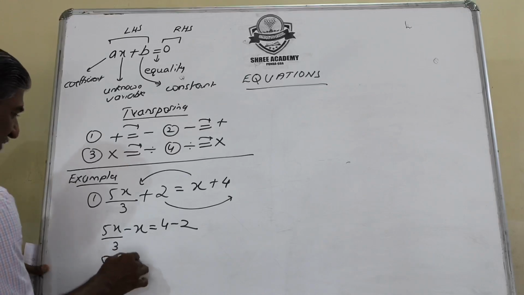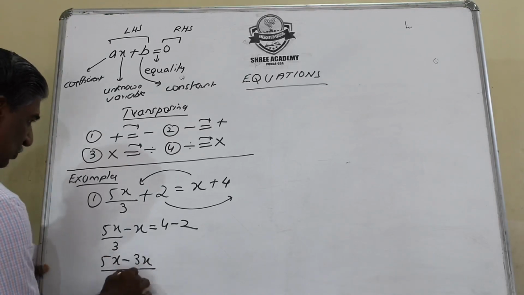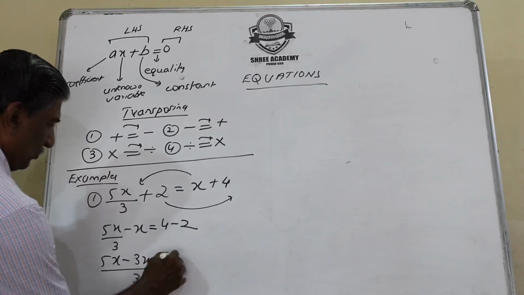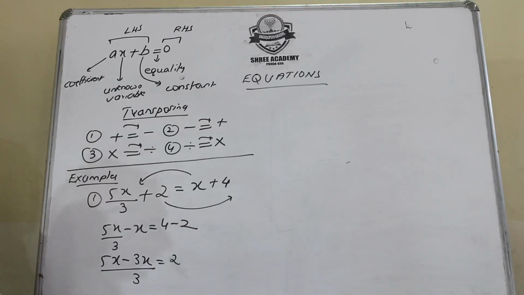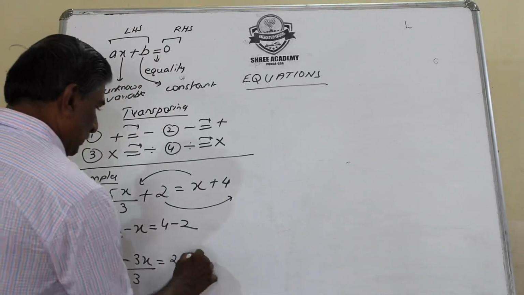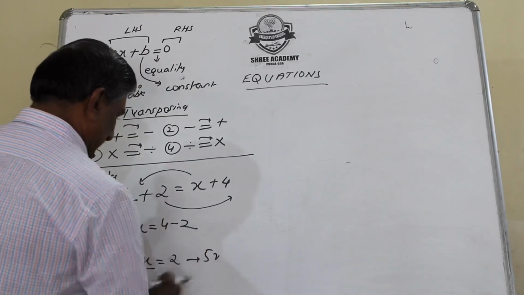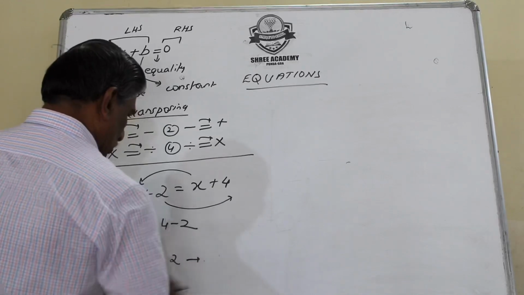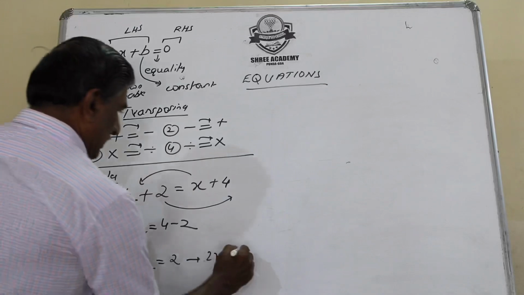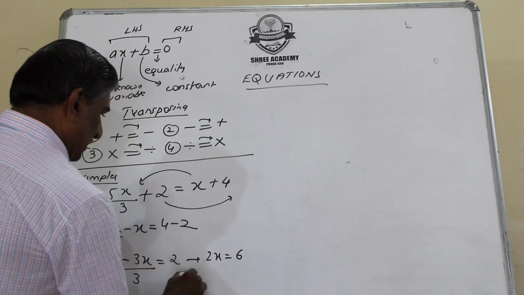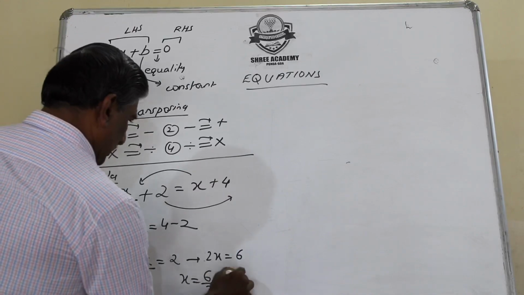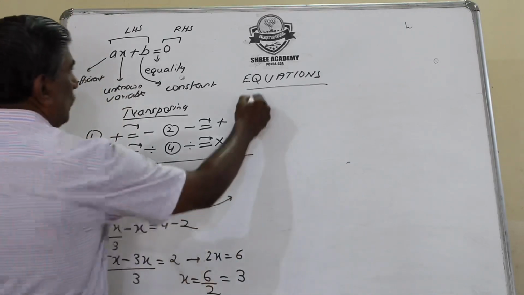This becomes (5x - 3x)/3 = 4 - 2, which means 2. Now we have to cross multiply. So this becomes 5x - 3x, which is 2x, and 2 times 3 is 6. Finally x = 6/2, which means 3. So this is our final answer.